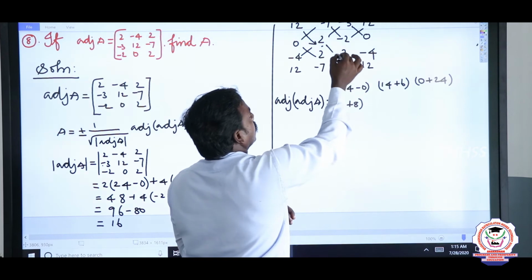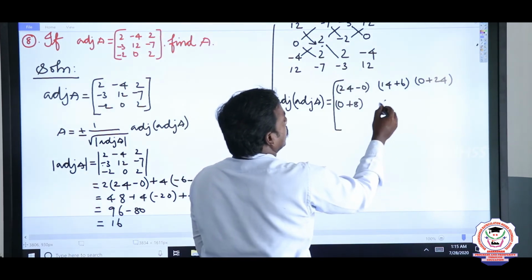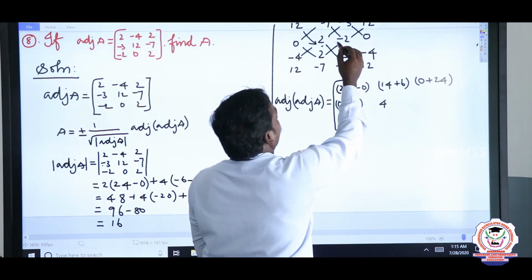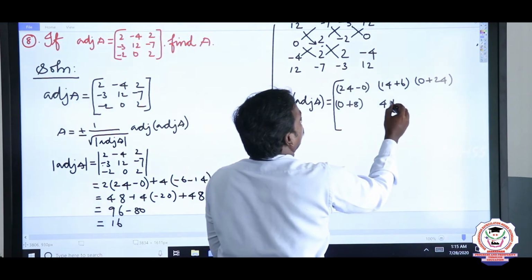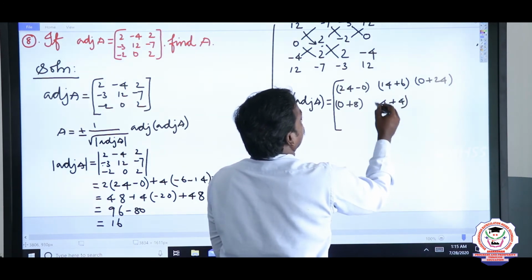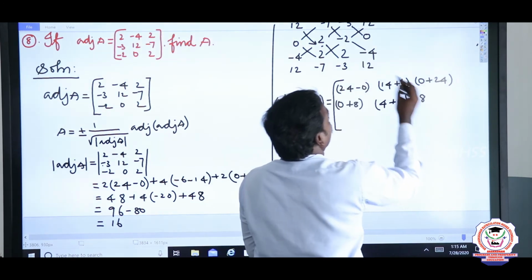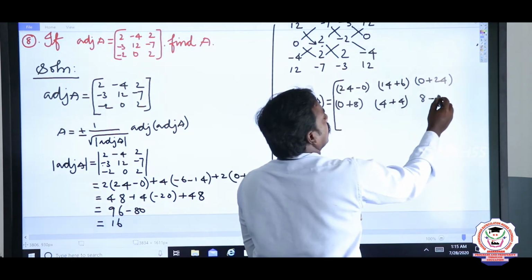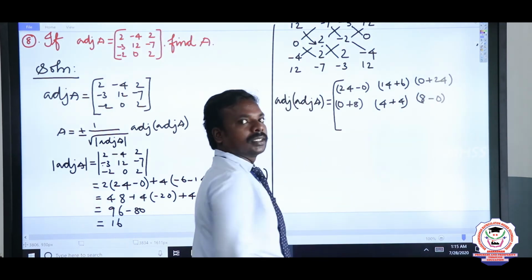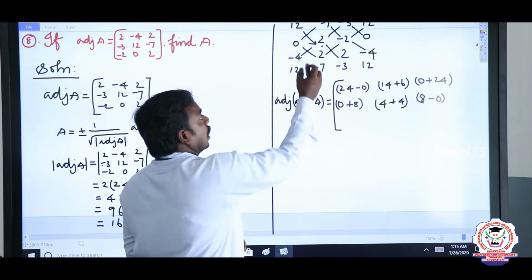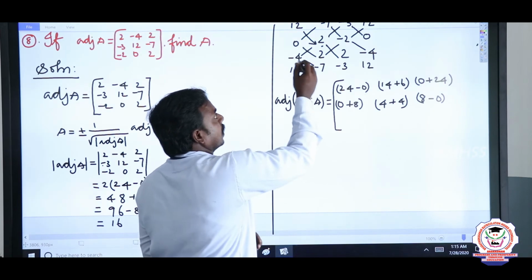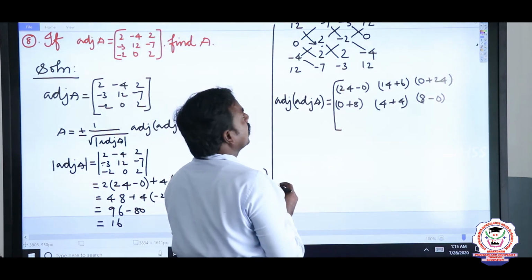So again, so 2 into 2 plus 4, take cross multiply, minus minus plus, again plus 4, listen, minus 2 into minus 4 plus 8, 2 into 0 0. So second row over.